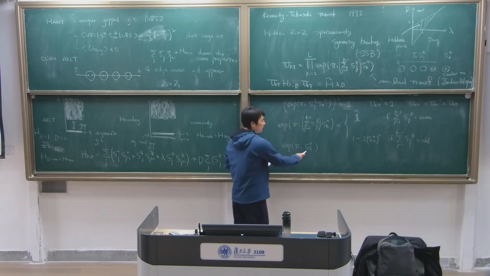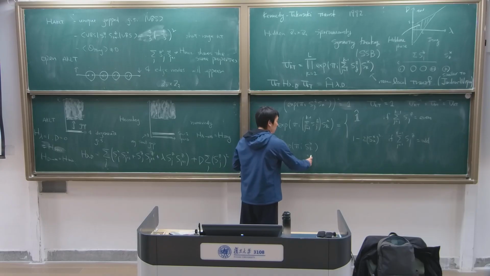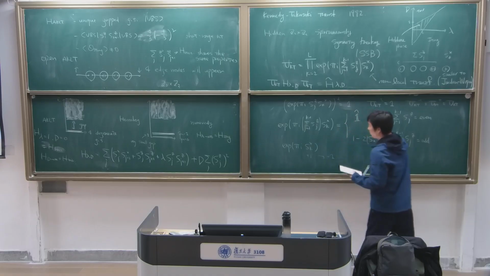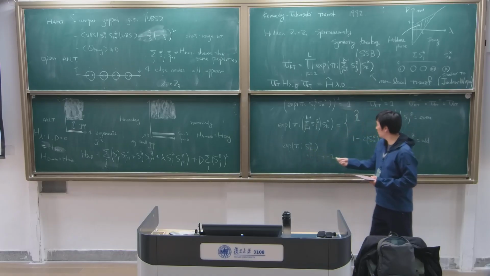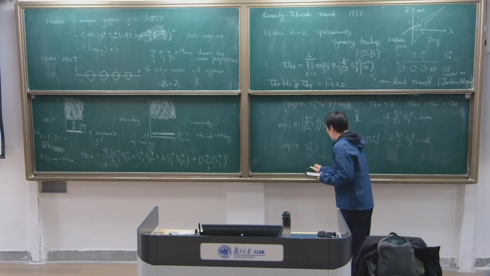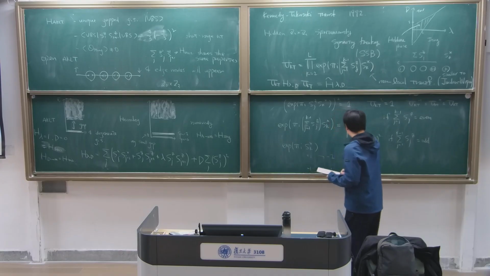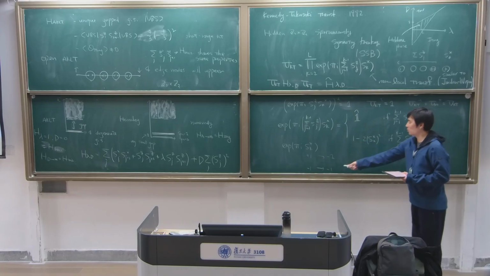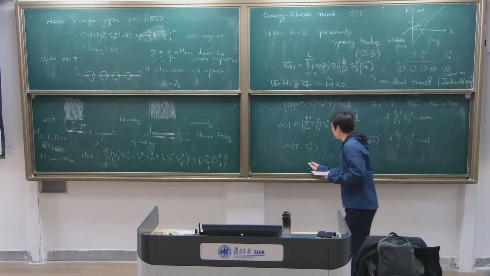Suppose this one has the eigenvalue plus 1. So this gives you minus 1, right? And if you took the plus 1, plus 1 squared, 1 minus 2 is minus 1. And the same thing, minus 1 will give you minus 1: 1 minus 2 times minus 1 squared is equal to minus 1. So just plug this in here, you get minus 1. And if you have a 0, you have 1, right?